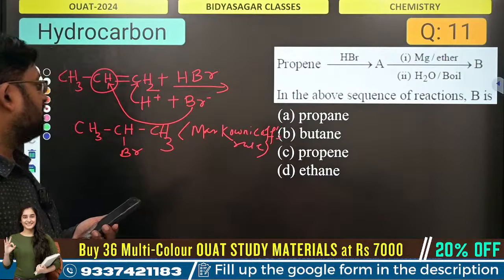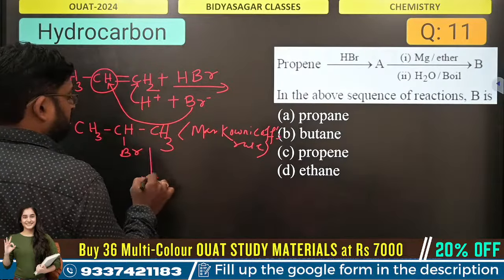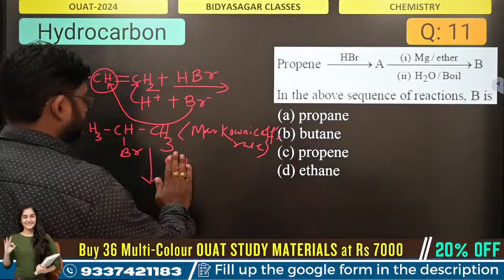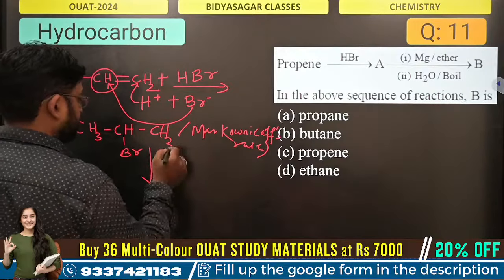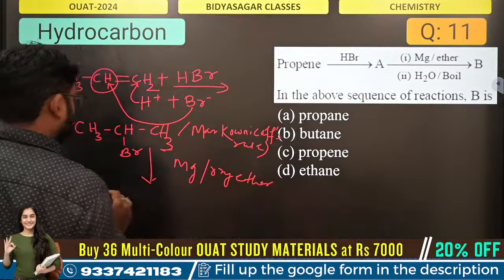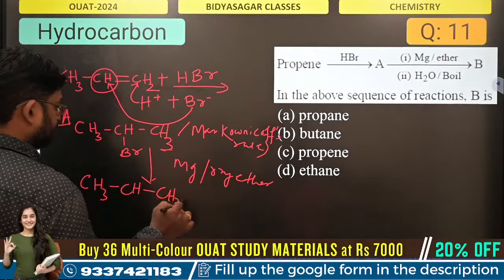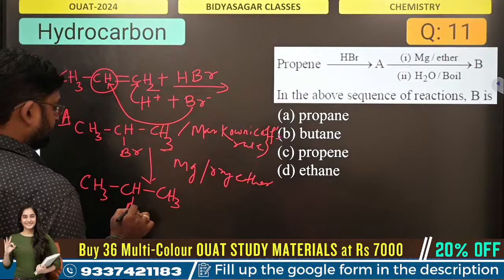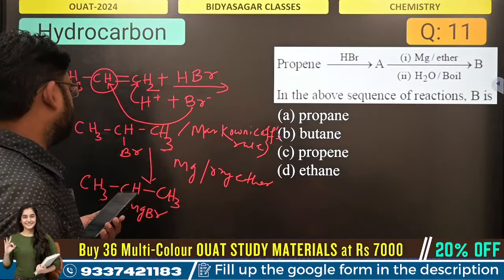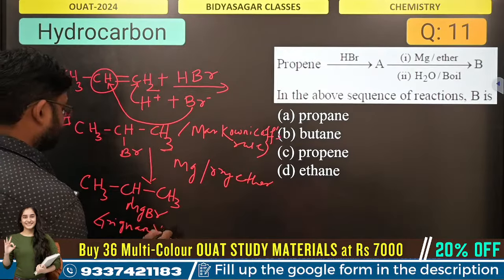So this is your Markovnikov's rule, and this is your A. When we give it Mg in presence of dry ether, it will give CH3, CH, MgBr, CH3, so it's a Grignard's reagent.